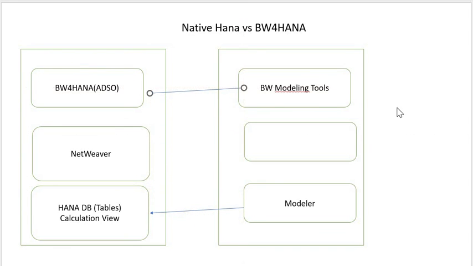The BW modeling tool is connected with BW4HANA. In this tutorial, I'm going to explain what tools we're going to use, and also when we call it native HANA and BW4HANA.